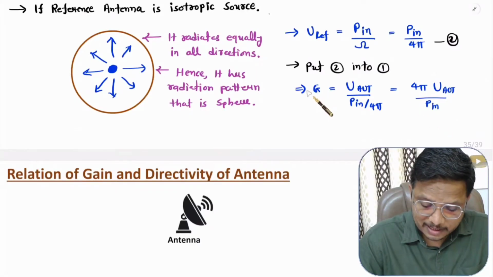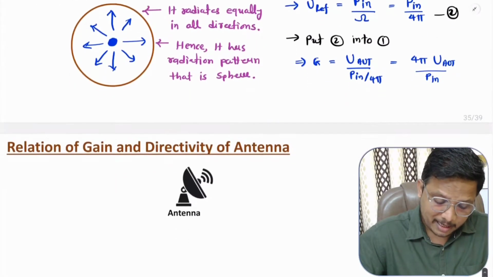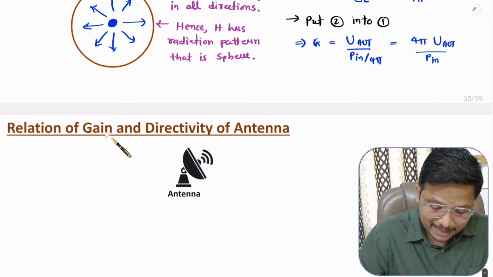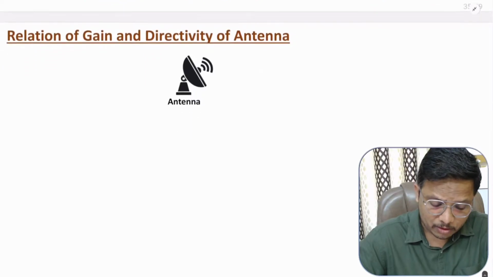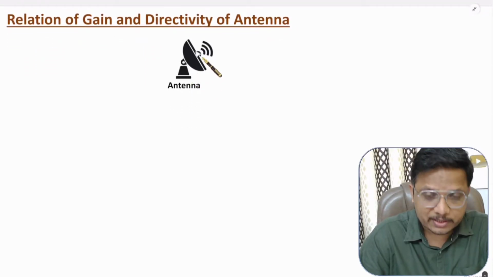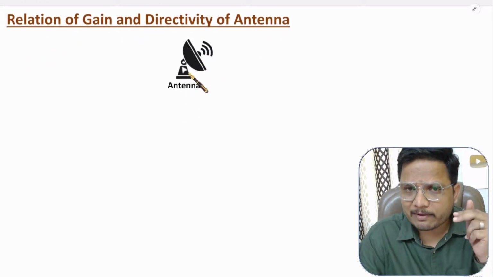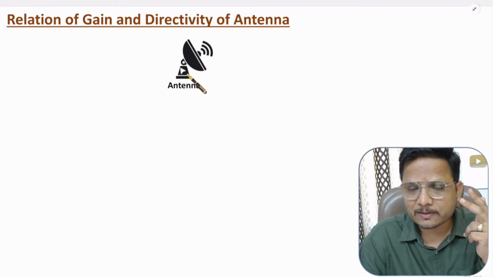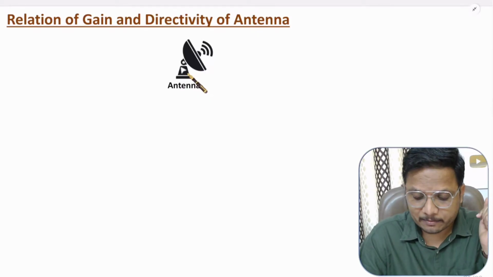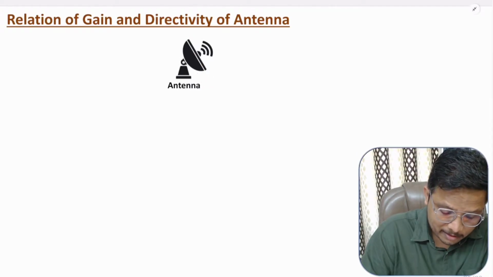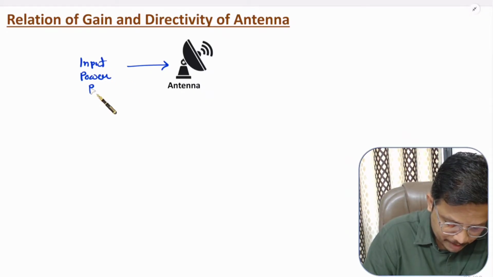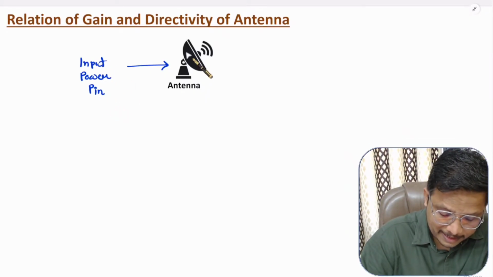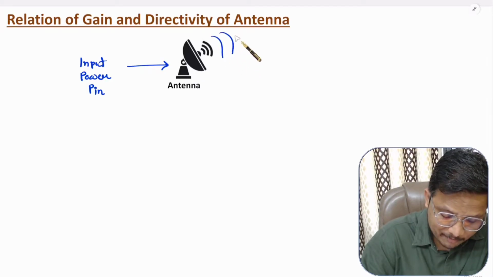Now based on this gain equation, we will be establishing the relation between gain and directivity of antenna. First of all, you need to know what is radiation efficiency of antenna. I have explained that in my earlier videos, but let me explain it again. Here we have an antenna. With this antenna, let us say we have input power, that is P in, and this antenna is radiating EM waves.